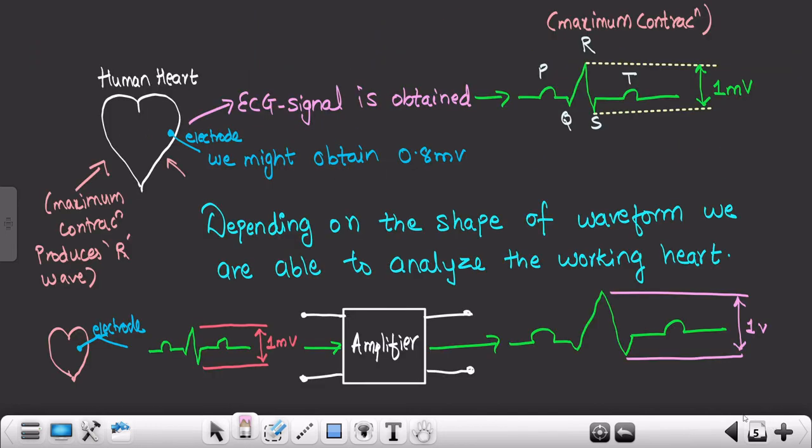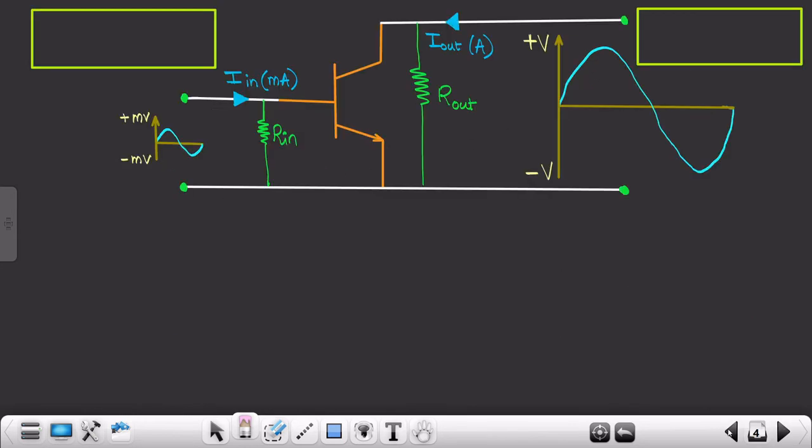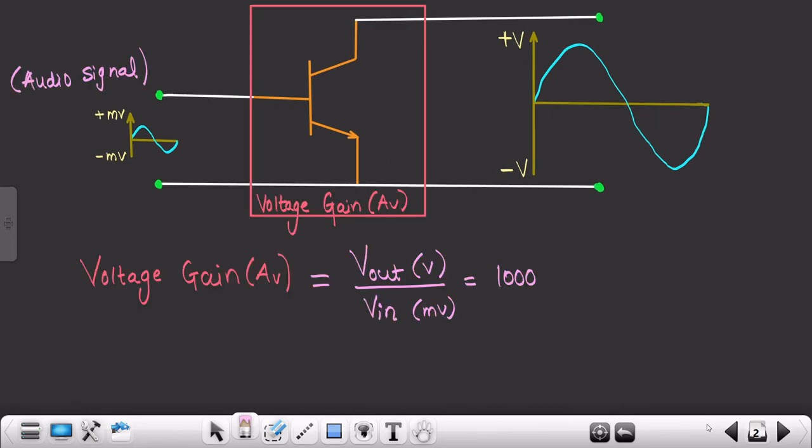Just by looking at the shape of the waveform, we are able to analyze the working of the heart, like the wave generated due to the maximum contraction of the heart. In a similar way, to analyze your sleep patterns and all, we have to analyze the shape of the brain waves, and for that purpose we need to understand the voltage gain. I hope you understood this part.